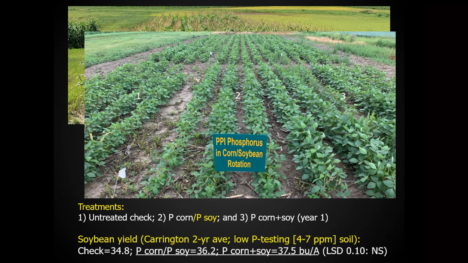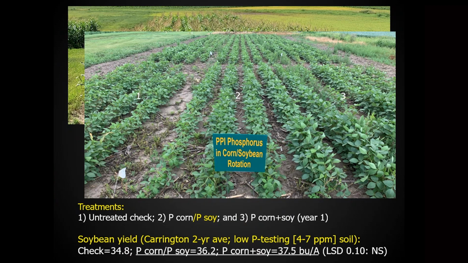So what have we found so far? I'm not including Minot data because the soil analysis was medium, low medium though. At Carrington, 2-year average, low testing soil, and here's the check, and then the 2 treatments with the phosphorus application. Notice no difference in yield. There's a trend here for a yield increase, but between the 2 treatments that we're interested in, there's certainly no difference.